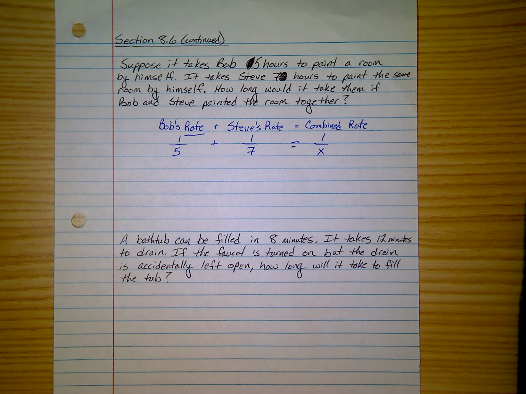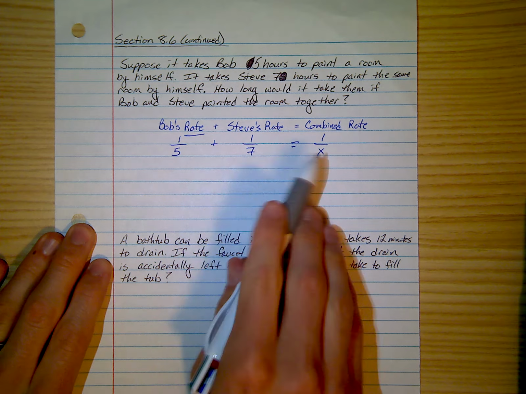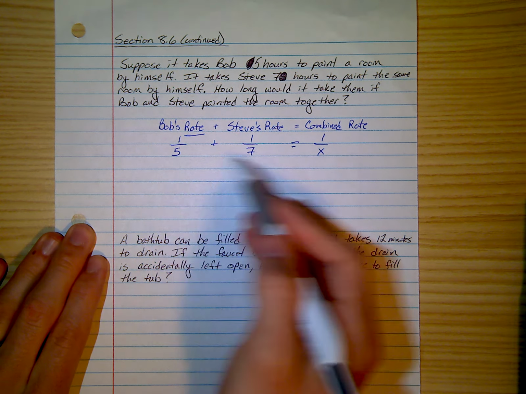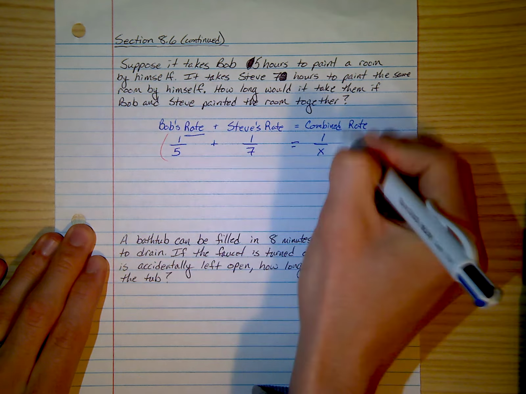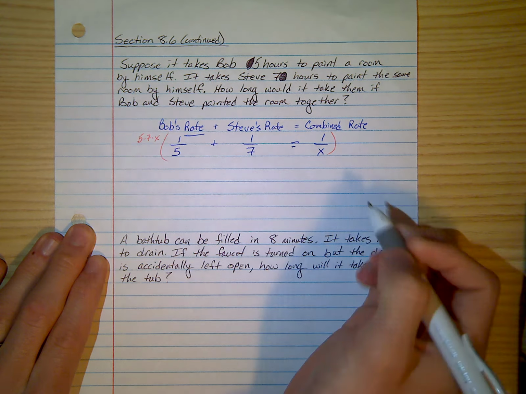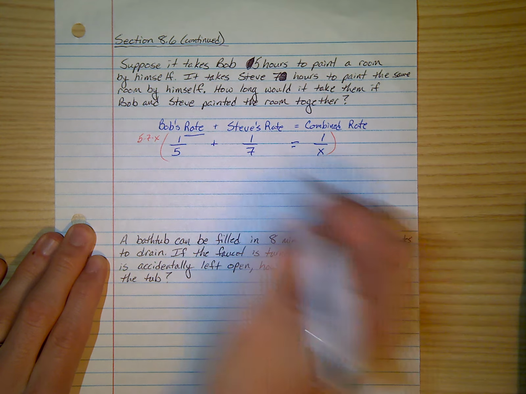Now, based on how I told you to solve rational equations yesterday, we need to multiply by all the denominators to cancel them out. So we have a 5, a 7, and an x. That's what we're going to multiply the entire equation by, 5 and 7 and x, to cancel those denominators out.